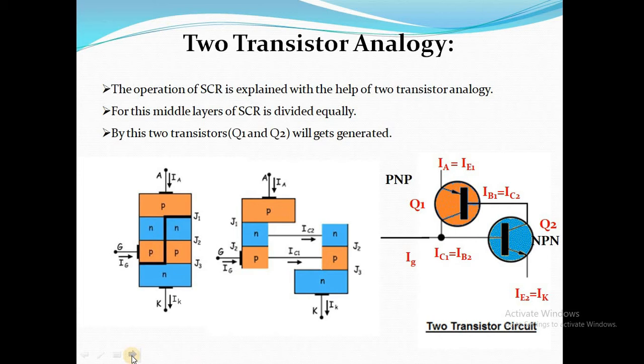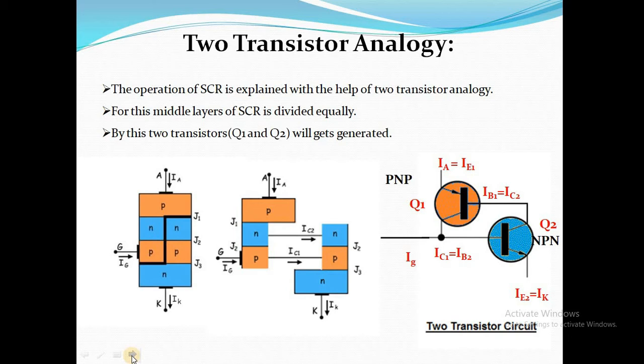When SCR is used in any application and needs to be turned on, it should be forward biased. When anode to cathode is forward biased, J1 and J3 become forward biased and J2 is reverse biased. To make J2 forward, we need to give supply to the gate terminal. Therefore the gate terminal is called the control terminal of SCR.